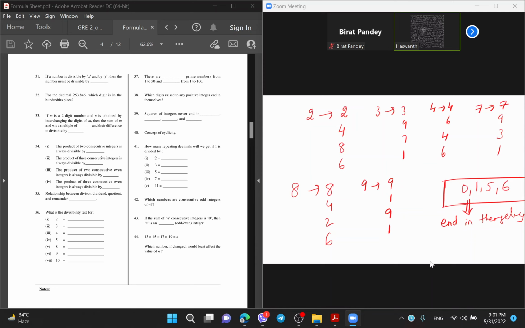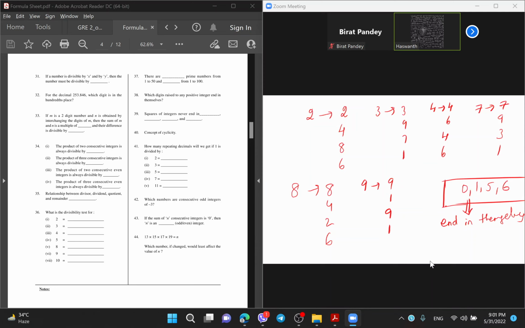For example, consider 10, 10 square 100, next 1000, 10,000, 1 lakh, 10 lakhs, like that, they end in 0. Similarly, if 1 is in the units digit, for example, consider 11, 11 square, 121, ends in 1. Then 11 cube, 1331, ends in 1. And after that, whatever other number you get also ends in 1.